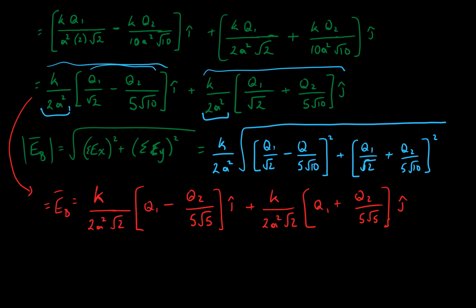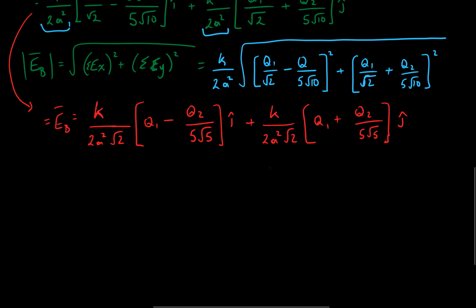And I could just as well work with this as well. And you'll see that this is not too bad to find the magnitude of EB, that electric field vector.